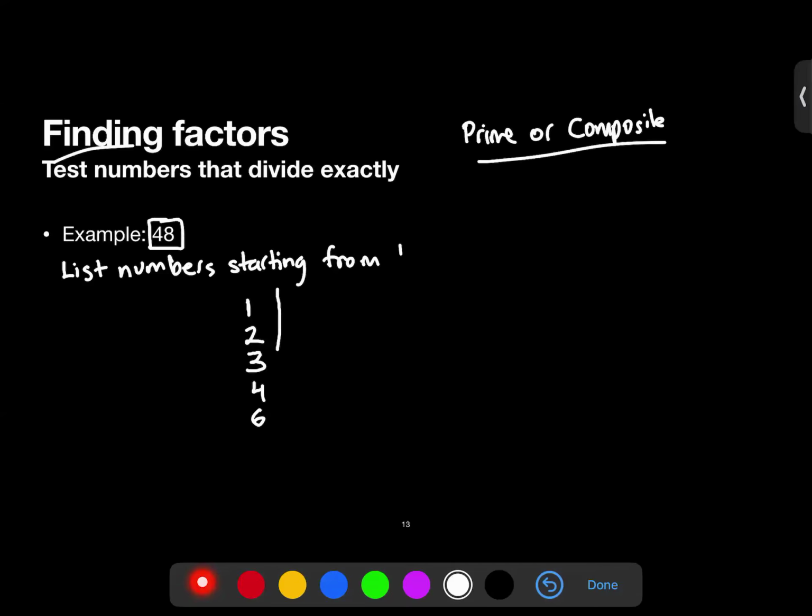So we'll just add a line in the middle and we'll match the numbers that multiply to 48. So now for here on this side, we went down, right? We went 1, 2, 3, 4. Here we'll go back up to see which numbers multiply with these numbers to equal 48.